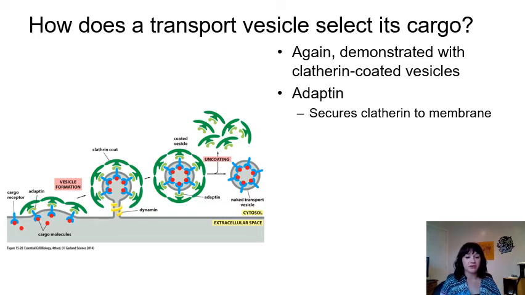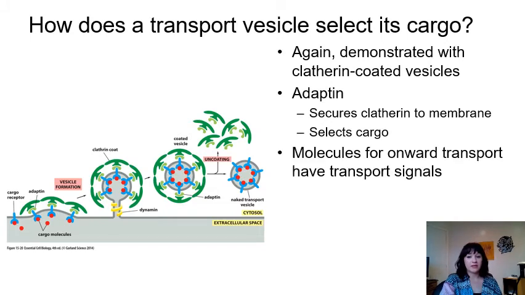It only binds to serotonin, and that serotonin cargo receptor only binds to a particular adaptin, and that adaptin only binds to a particular clathrin. So that clathrin is directing, in this example, only serotonin to be put into this vesicle. Okay. So the clathrin, with the help of adaptin and the cargo receptor, determines what is in that vesicle.